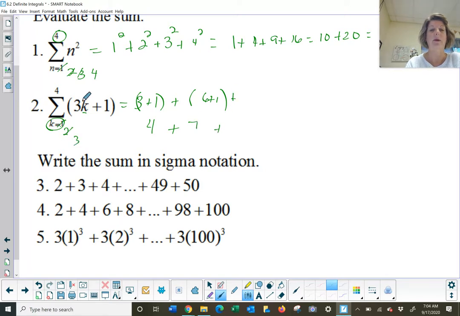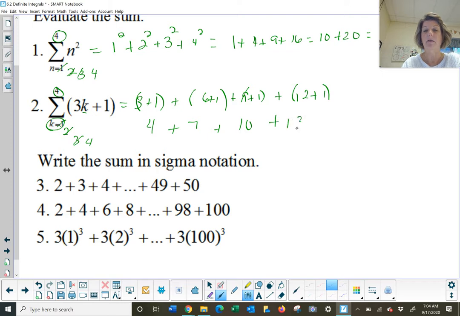Next one, 3. 3 times 3 is 9, plus 1 more is 10. And finally, we are at the top number. We know this is our last term. We would have 12 plus 1, giving us 13. We got 20. 20 plus 10 is 30.